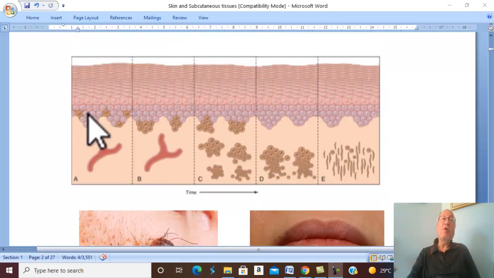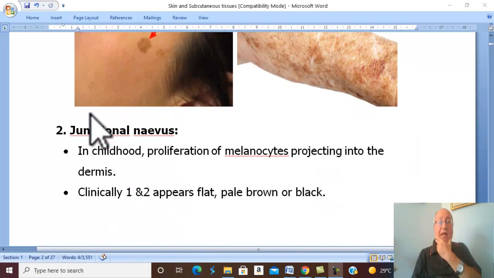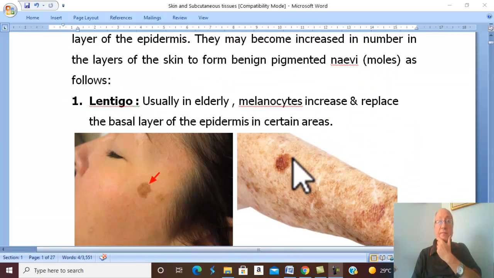The first type of this lesion is lentigo. Lentigo usually occurs in elderly people.